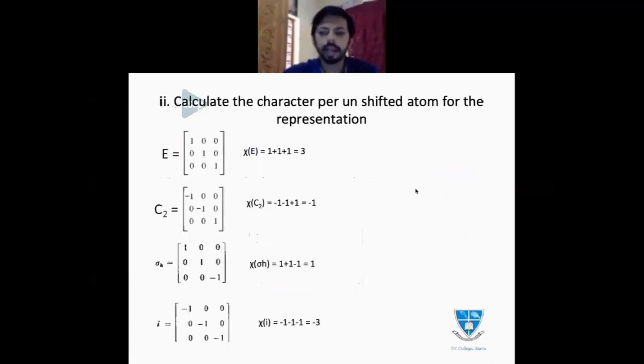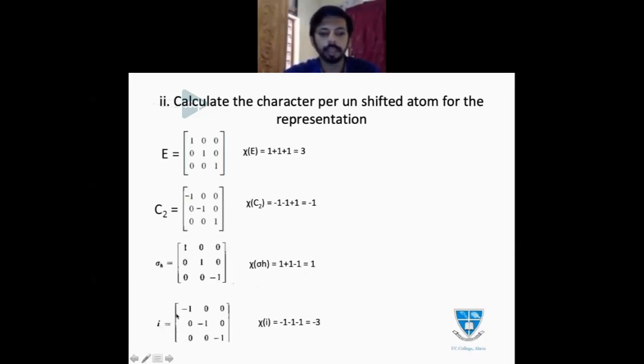The character for E is the sum of the diagonal elements 1 plus 1 plus 1, which is 3. For C2, the sum of the diagonal elements is minus 1 minus 1 minus 1 plus 1, which equals minus 1. The character of sigma h is the sum of the diagonal elements 1, 1, minus 1, which equals 1.